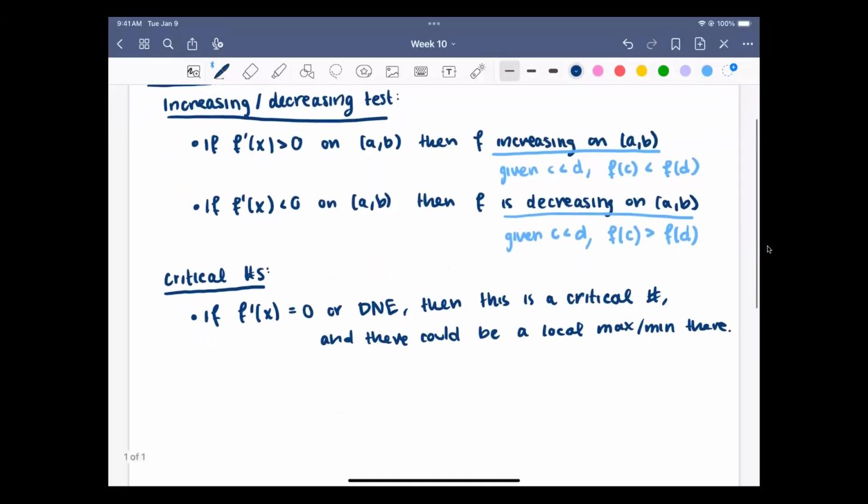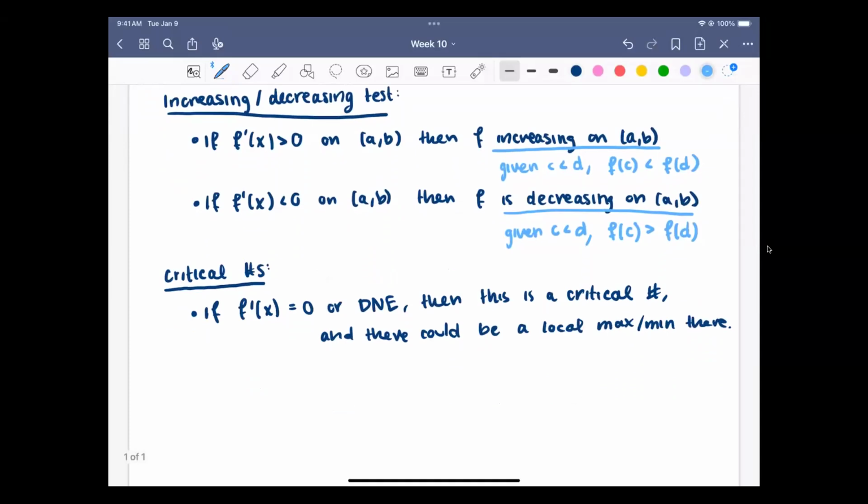Here's one where the derivative is 0 somewhere and you have a local max. Here's one where it does not exist and you have a local max.